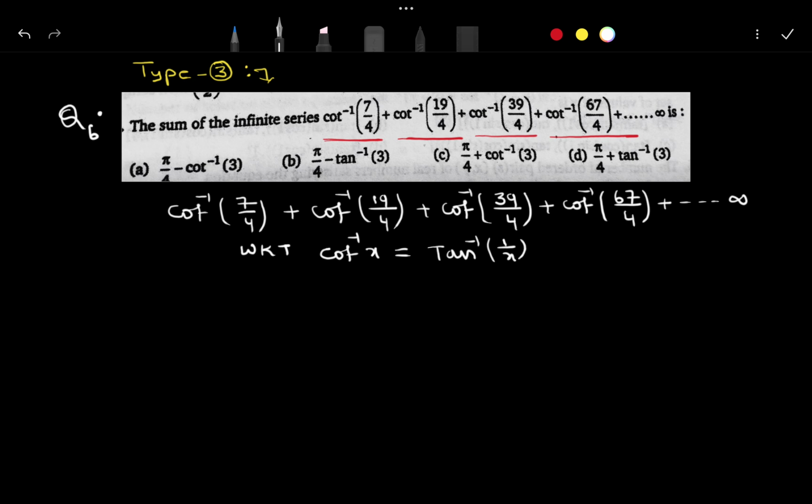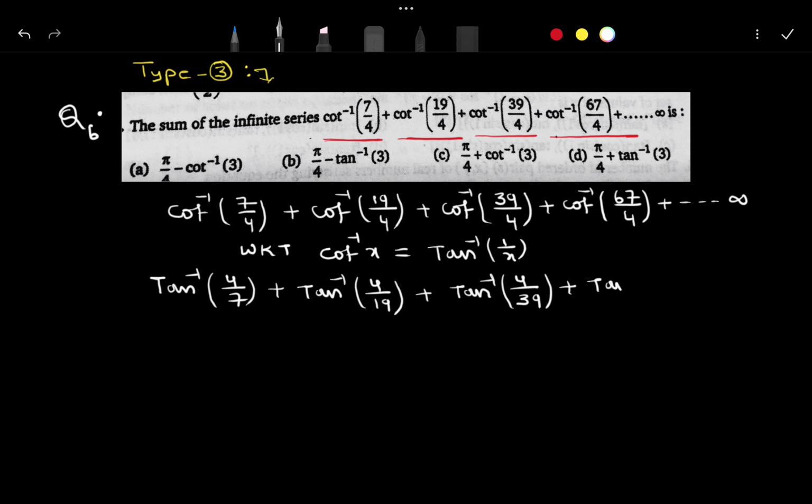By using this formula, cot inverse of 7 by 4 can be written as tan inverse of 4 by 7, plus tan inverse of 4 by 19, plus tan inverse of 4 by 39, plus tan inverse of 4 by 67, and so on. We already did the same series in the previous lecture.